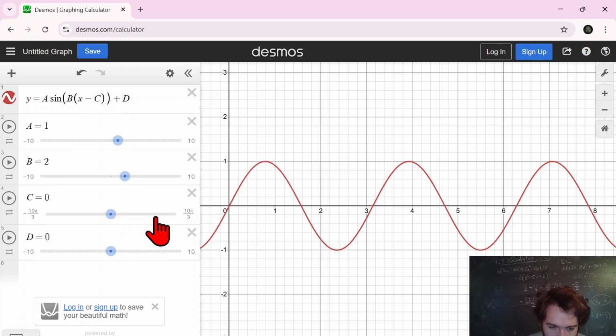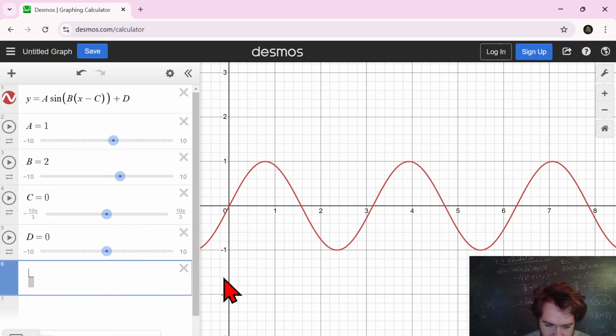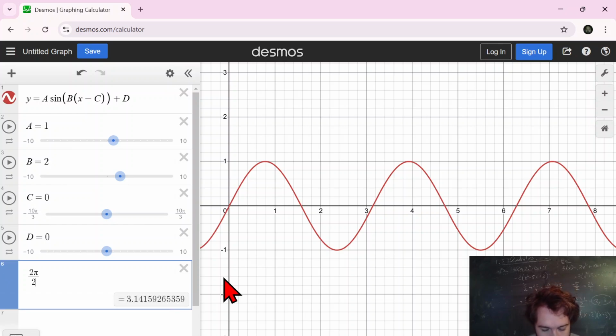Another way to think about what b does, it controls the period, and the way that it controls it is through the formula 2 pi over b. So if I go down here to a new line and I compute 2 pi over, right now our b is 2, well, then it tells us that our period is pi. So 1 pi as opposed to 2 pi, which is the norm.